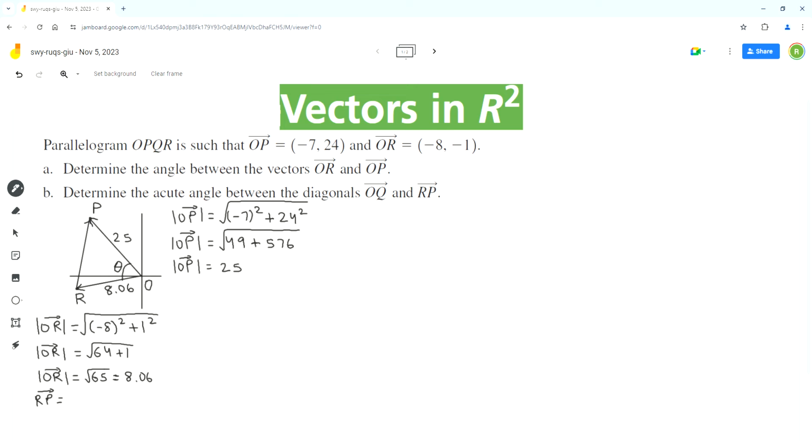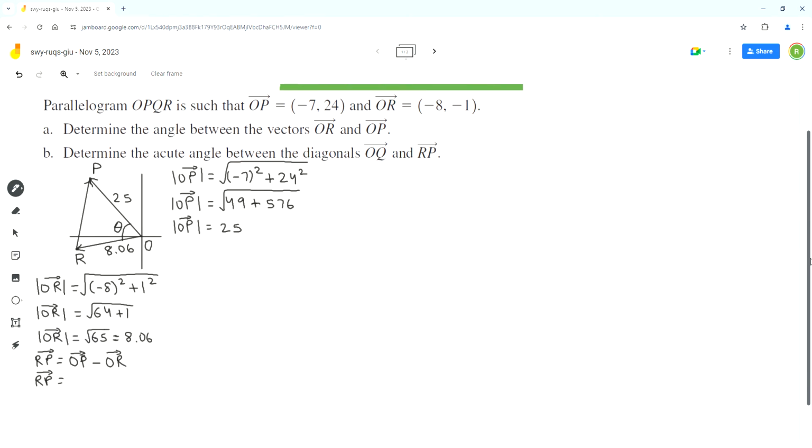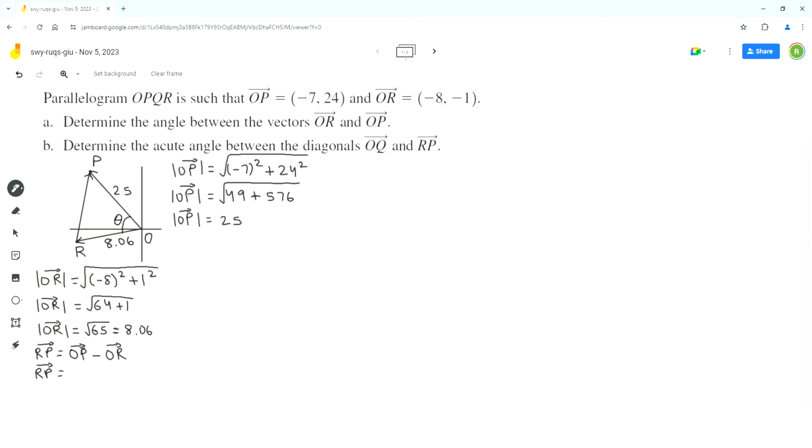So we should break up vector RP into its position vectors OP and OR, and we are given vectors OP and OR.